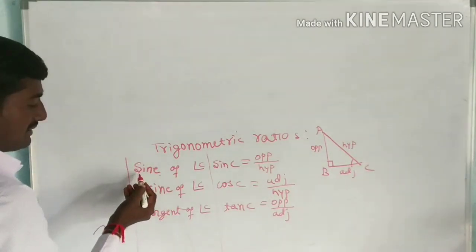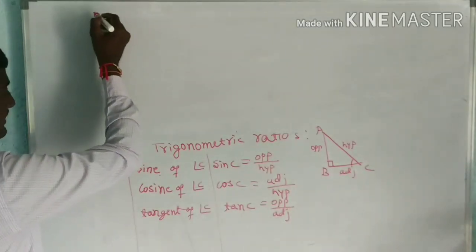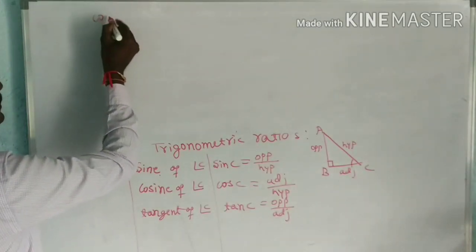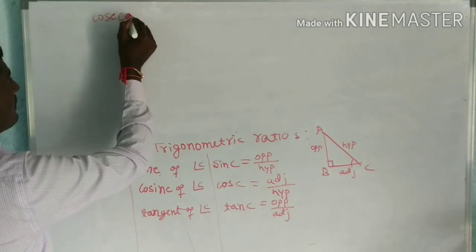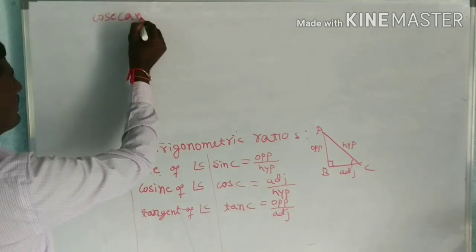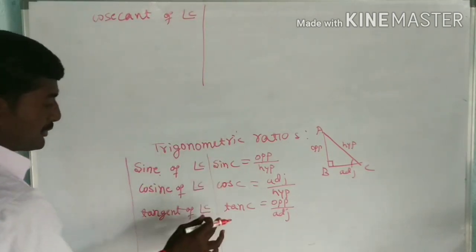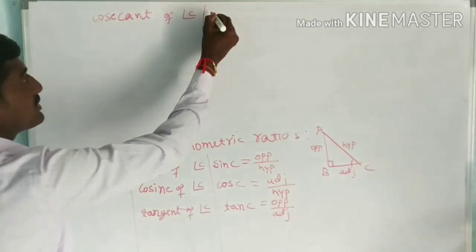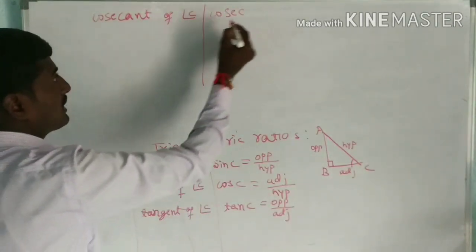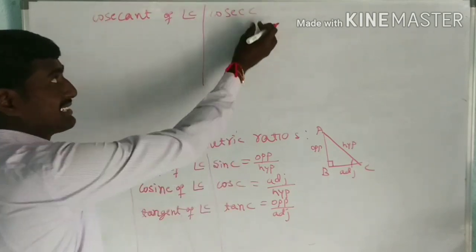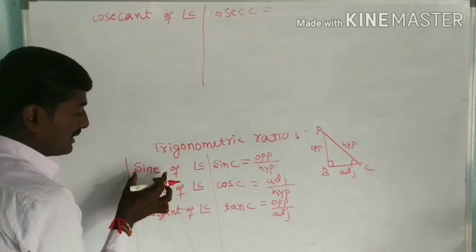The reciprocal of sine is cosecant, cosecant of angle C. In short form I can write it as cosec C, because angle C has been taken.